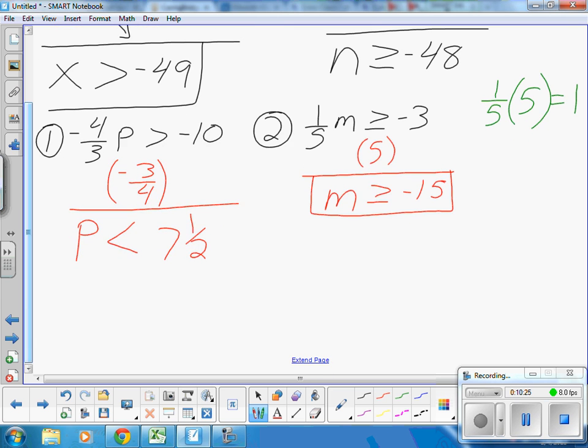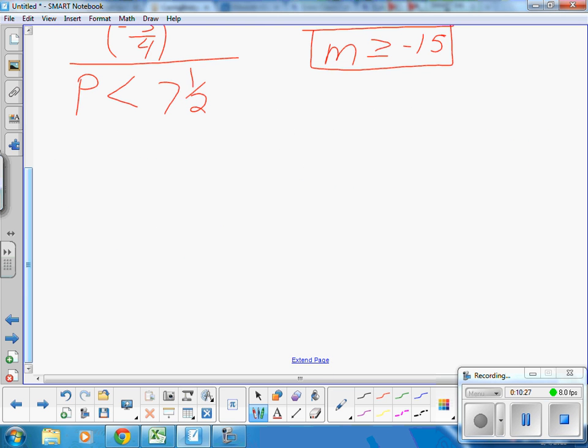And number 3, your turn, after I write it down, is 3/8 t is less than 5. So to solve, I'm going to multiply both sides. You already did it, right? You hit pause?